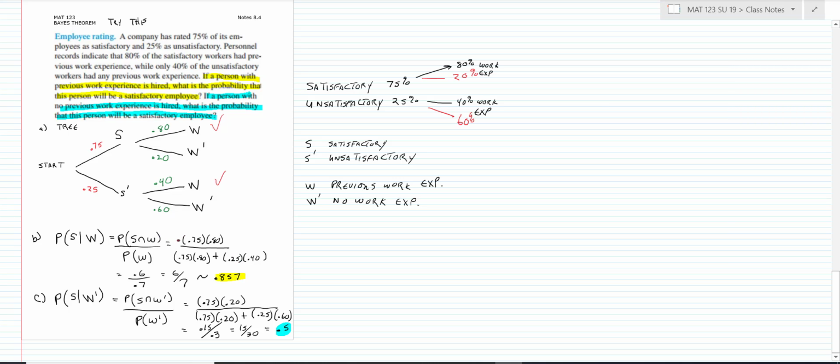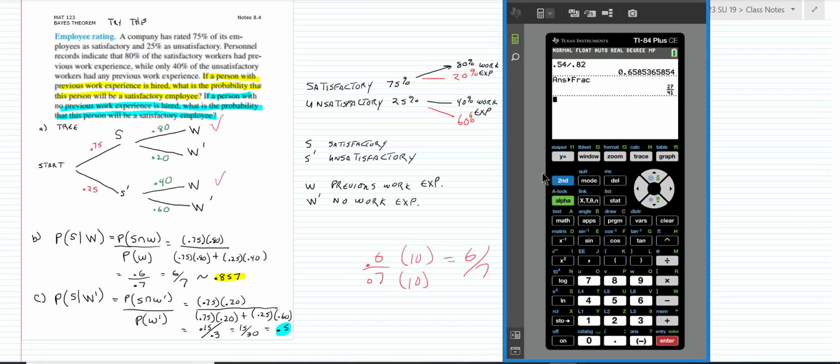So when I work this out, I got 0.6 in the numerator, 0.7 in the denominator. If you multiply top and bottom by 10 to get rid of one decimal, you just get 6/7. And 6/7, on the calculator, I got 0.857, which I just rounded off.